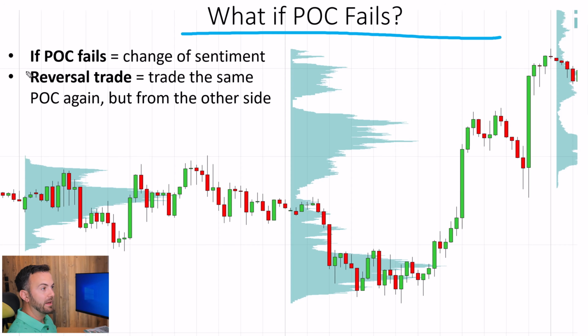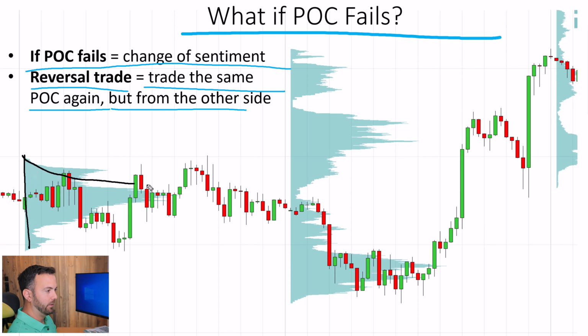So if the point of control fails, that means there is a change of sentiment. And what you can do is take a reversal trade. A reversal trade is when you trade the same point of control again, but from the other side. Let me show you. It will be easier if I do a little drawing here.